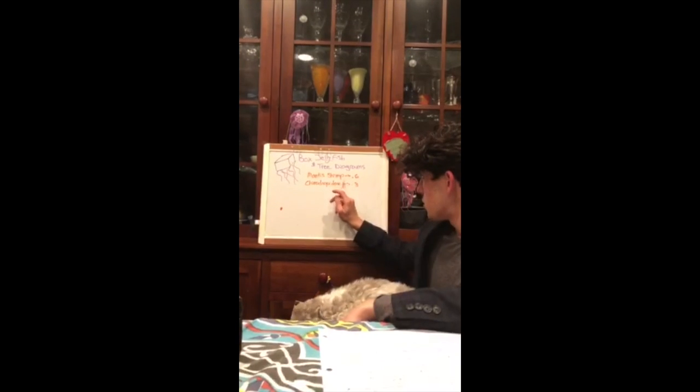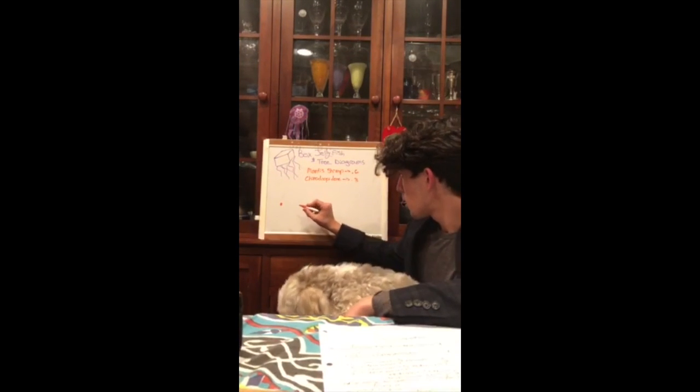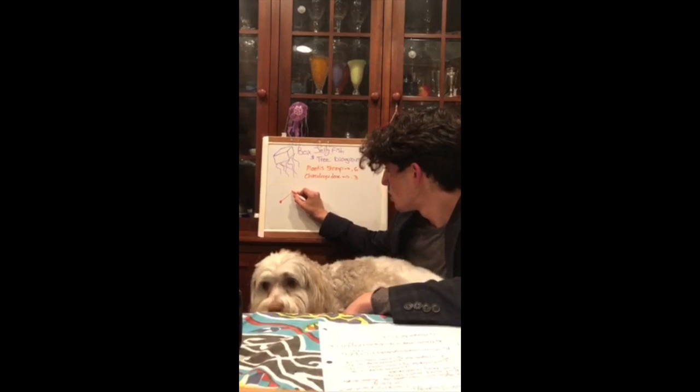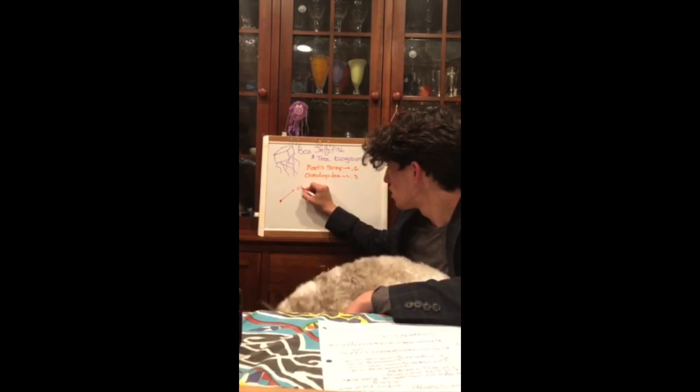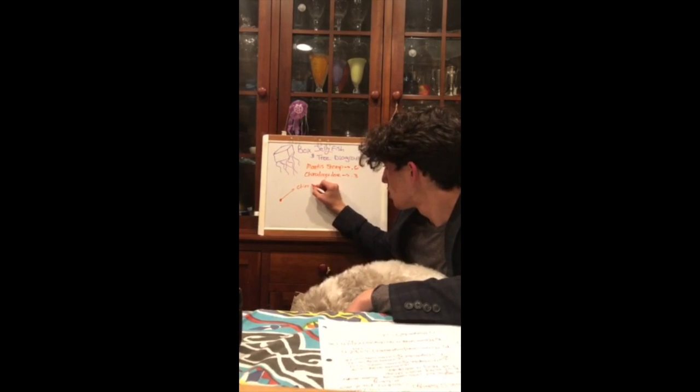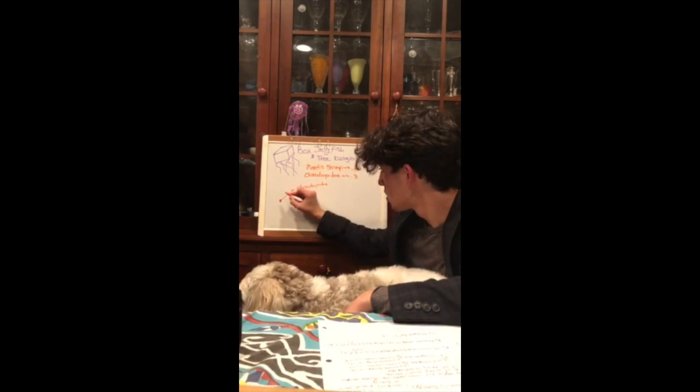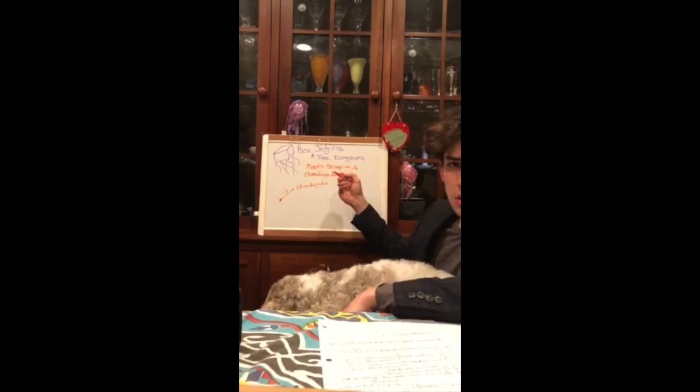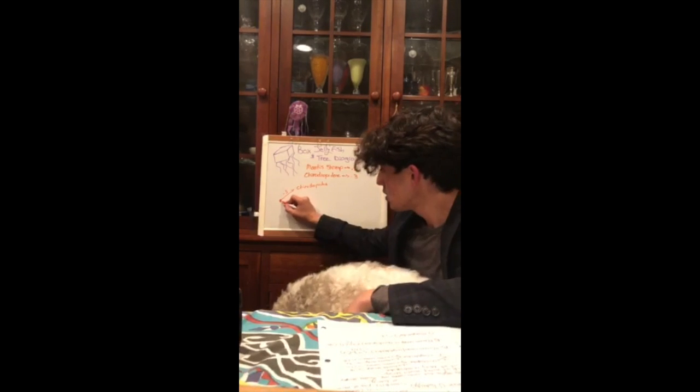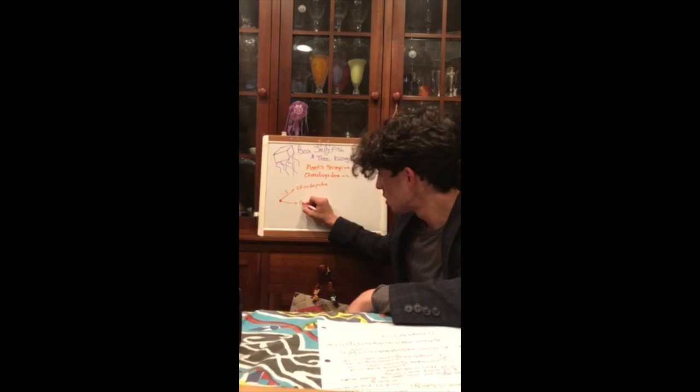So, we have 0.3 for the Chirodropidae, which means we ought to have 0.7 for the Charybdidae.